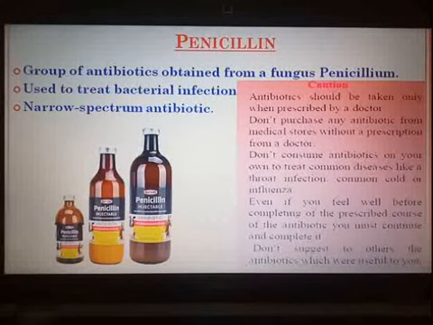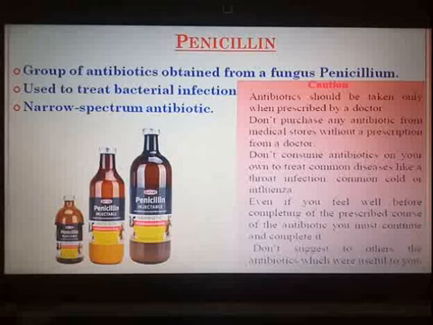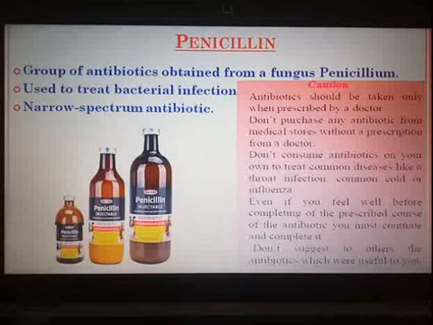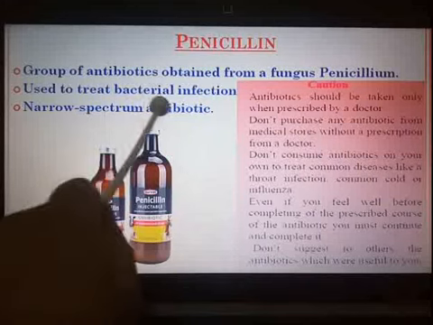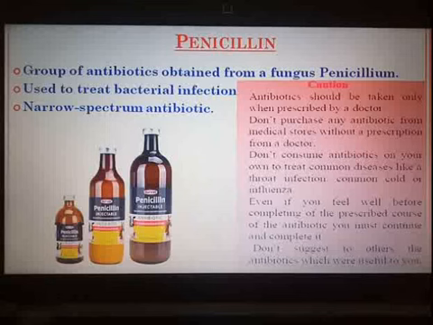It is used for controlling different bacterial infections caused by bacteria like Staphylococci, Clostridia, Streptococci, etc. Medicines which contain penicillin are useful to treat certain bacterial infections of your ear, nose, throat, skin, as well as diseases like pneumonia and scarlet fever. It is termed a narrow spectrum antibiotic. Now, who introduced this penicillin?